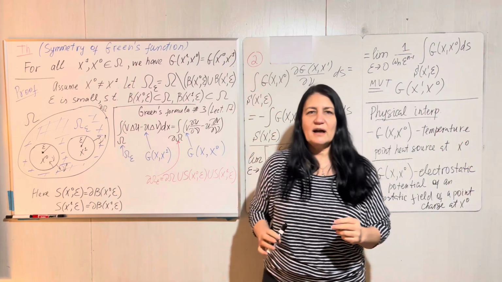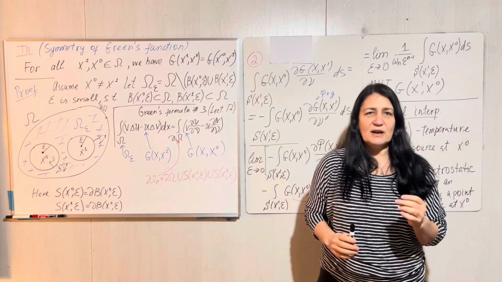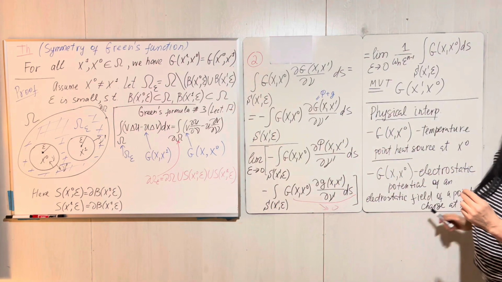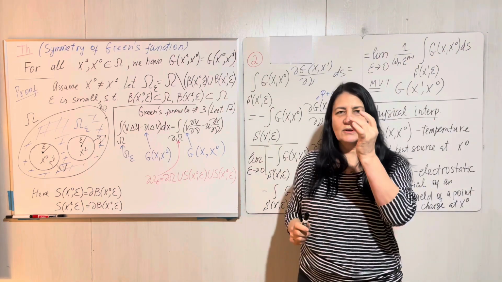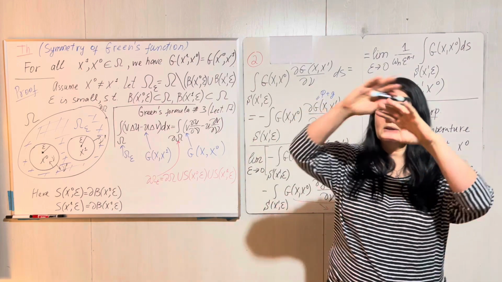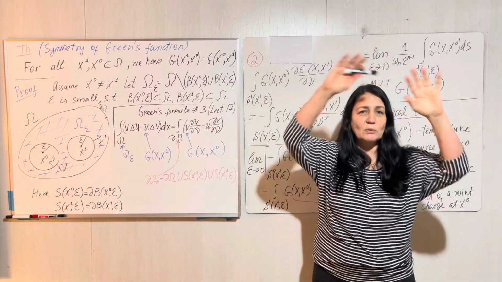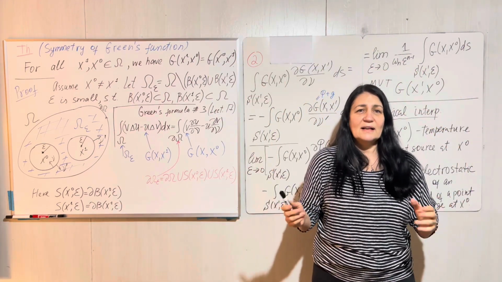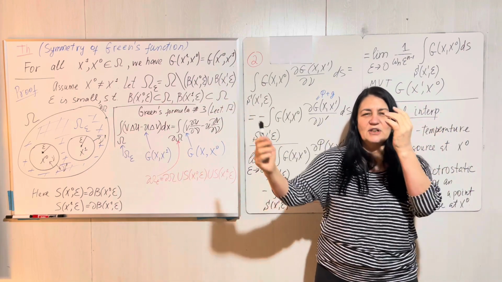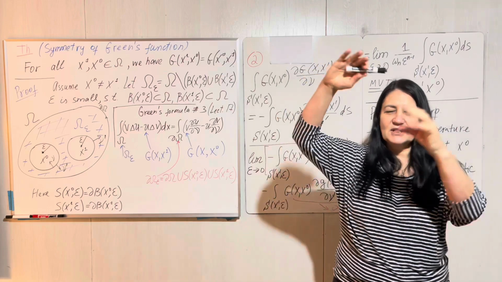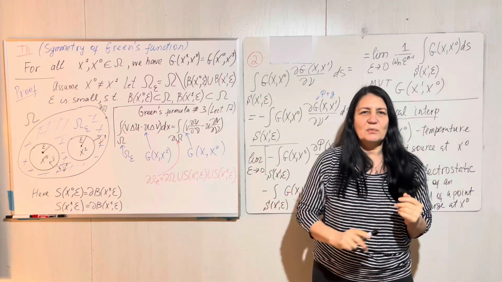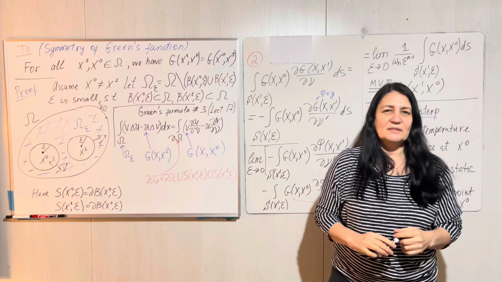So if we have this point charge inside of the domain omega, at point x0, it basically means that we need to find a distribution of charges outside of the domain omega such that they balance each other. So the charge inside at point x0 and the charges outside balance each other in such a way that on the boundary everywhere we have 0.